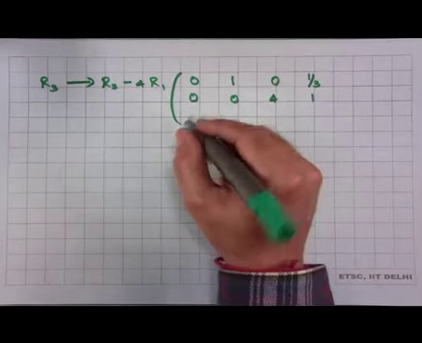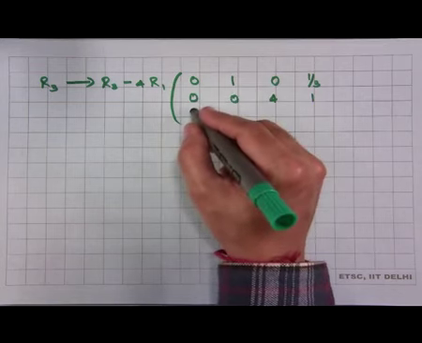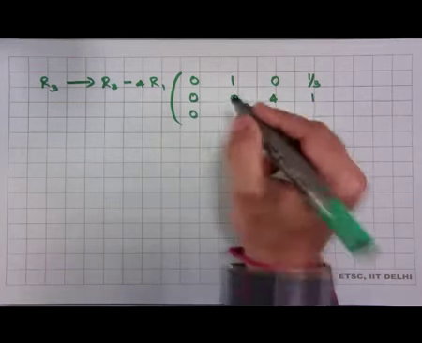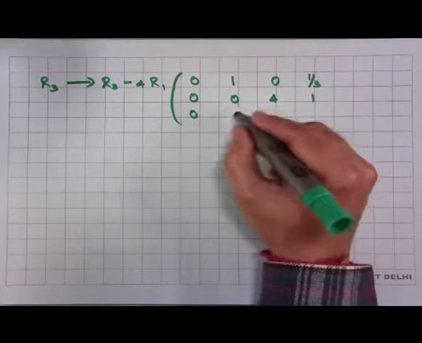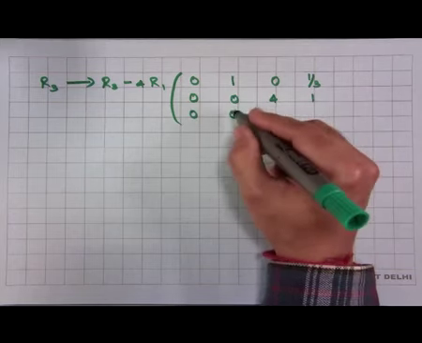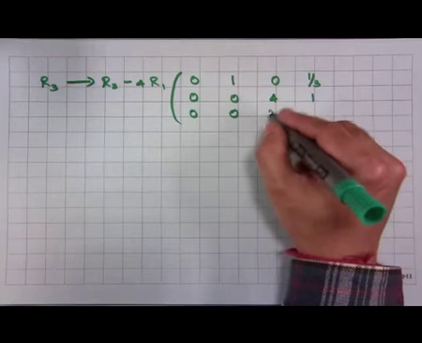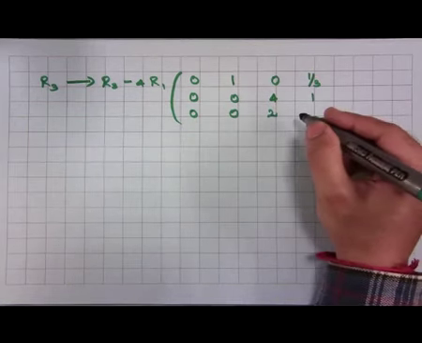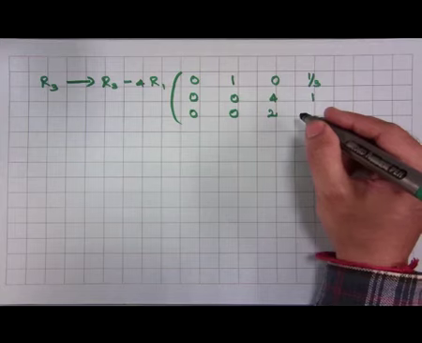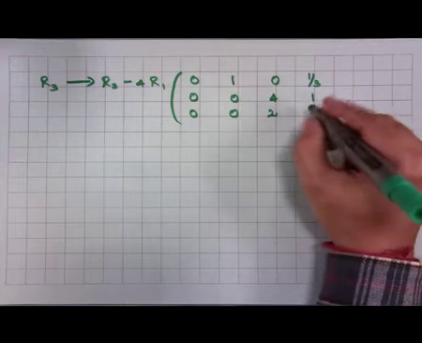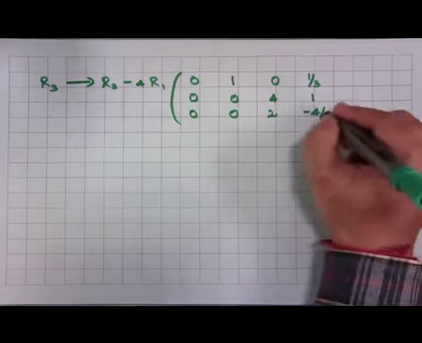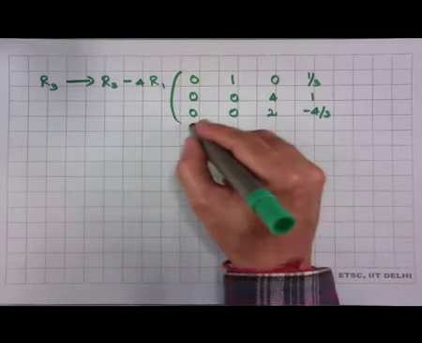Third row we are making a change: 0 minus 4 times 0 is 0, 4 minus 4 times 1 is 0, 2 minus 4 times 0 is 2, 0 minus 4 times 1 by 3 gives minus 4 by 3. The last row remains unchanged.